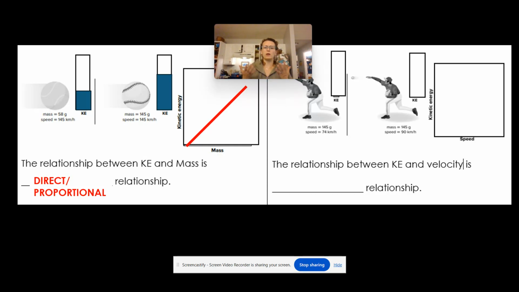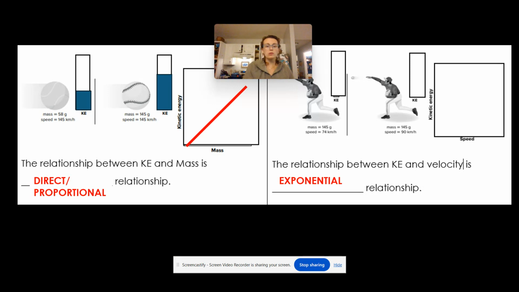Think about our relationships. What is the relationship between velocity and kinetic energy? Well, if we increase our velocity, what happens to our kinetic energy? It skyrockets. And when it skyrockets, it's going to be what's called an exponential relationship.